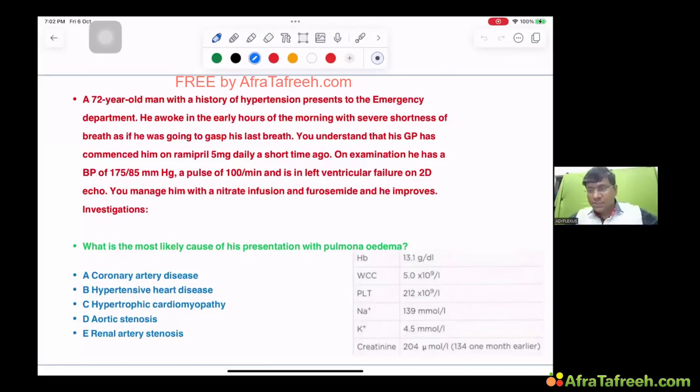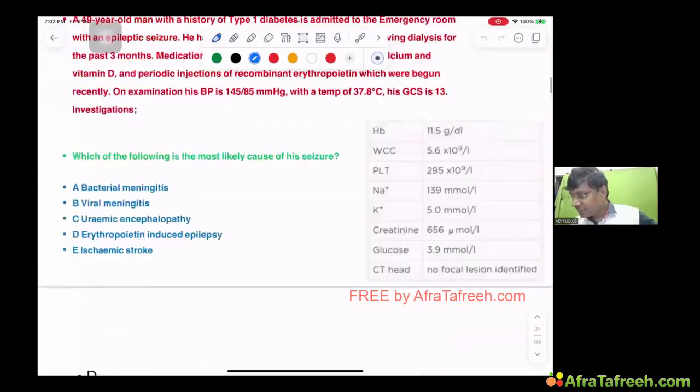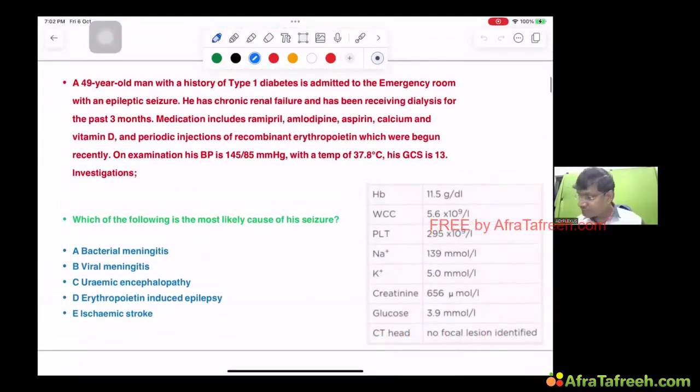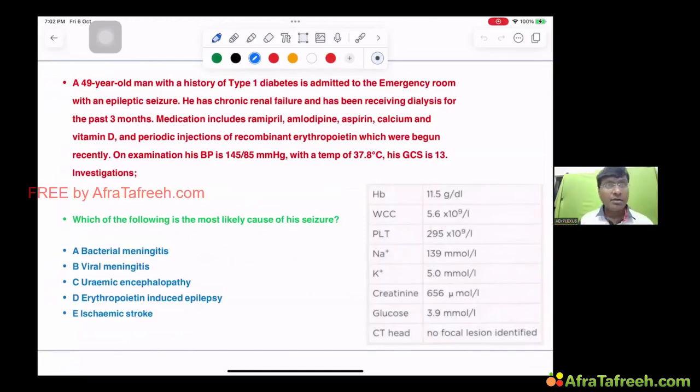Right. So someone asked: couldn't understand why creatinine was high despite regular dialysis in the last question. Yeah, that was a very good question. See, the reason why the creatinine is high is the requirement of dialysis. He has been on dialysis for 3 months, and he might have been undergoing dialysis with lesser frequency. The requirement might be 3 to 4 times per day. He might have been undergoing 2 times dialysis per day.